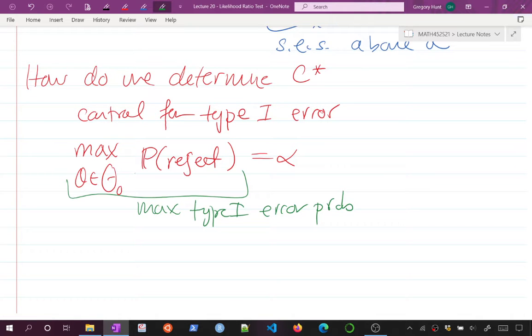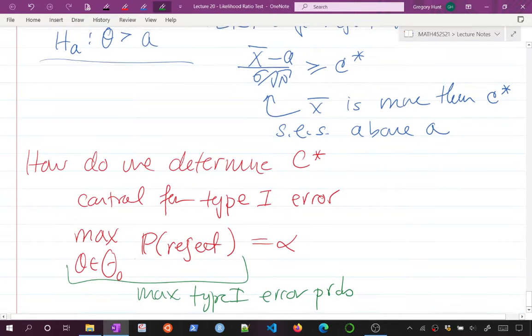I want to fix that at alpha, so I'm never going to make that error with more than alpha probability. Well, what do we reject? Here is our criterion for rejecting, and we have this C star that we're free to choose. We'll get different tests if we choose differently. And if we put in the condition that the probability of incorrectly rejecting when the null is true is alpha, that's going to actually determine what C star is.